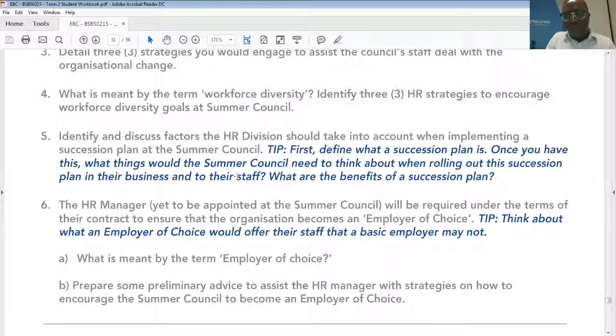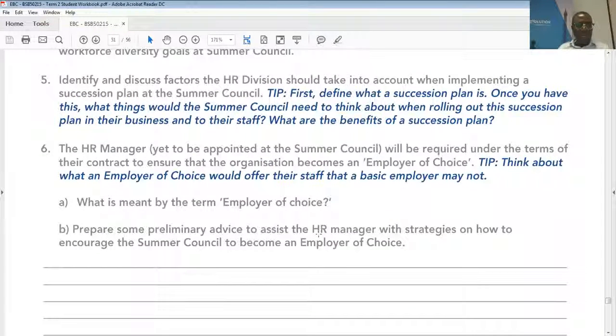Maybe you might go into training programs, personal development. Again, remember, it's not all about money. Research has shown us that money is not the be-all and end-all for a lot of people. There are people that earn tons of money, but they still leave the job because it's stressful. So what are the things you're going to do to make yourself an employer of choice?